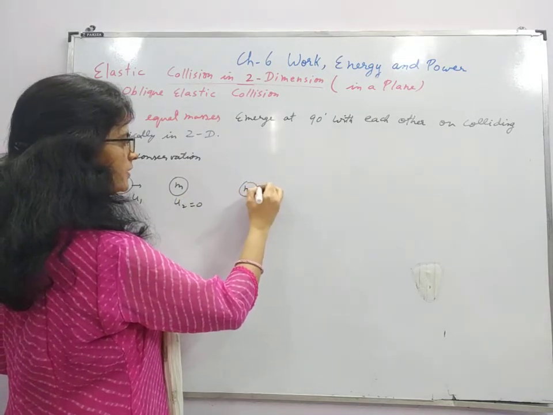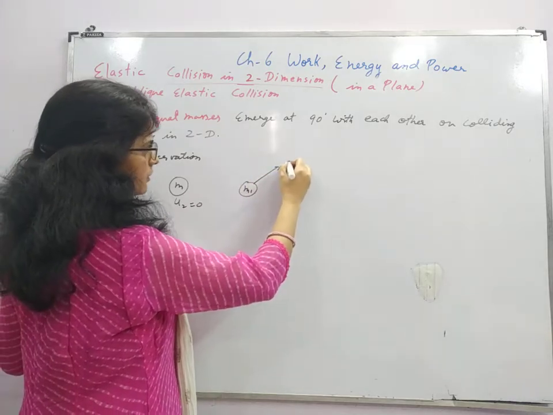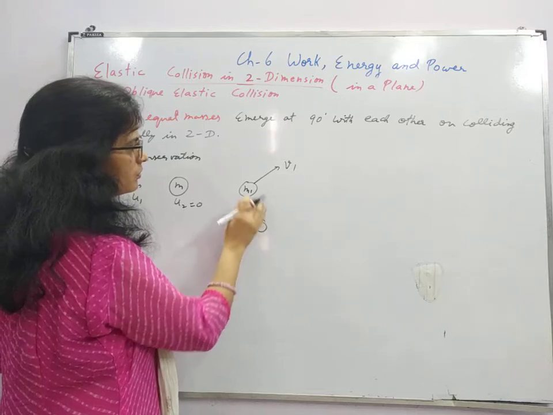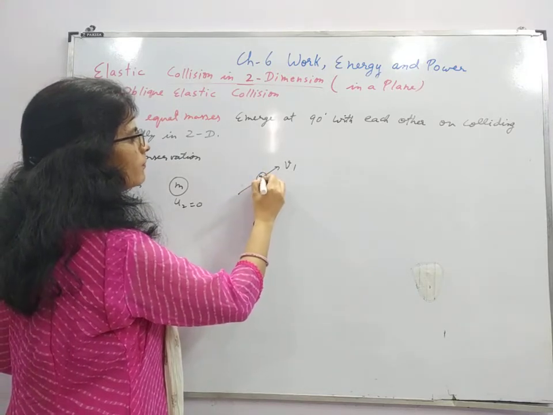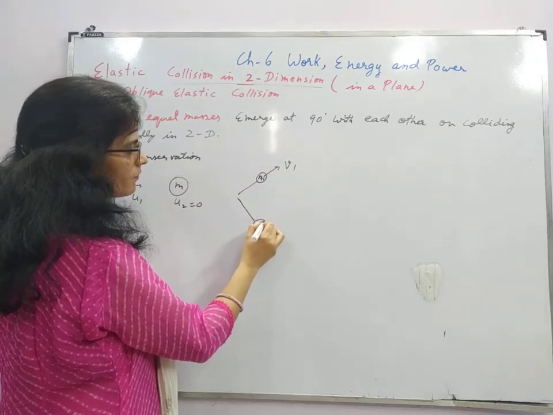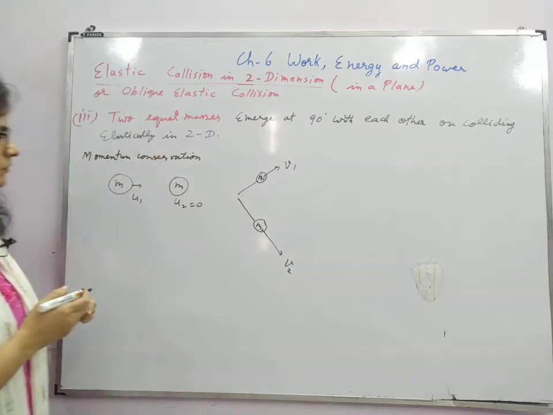So m1 moves with v1 velocity along this direction, and m2 moves with v2 velocity along this direction.